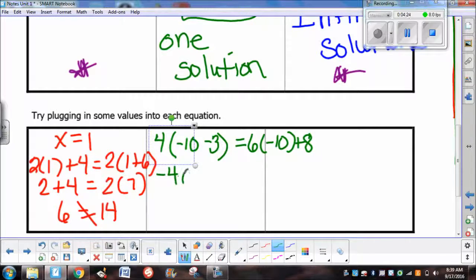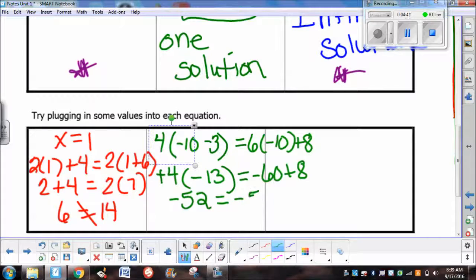Now let's think of order of operations. Whoops, that's a positive there. Equals, and then I might multiply. So what is 4 times negative 13? That's negative 52. And negative 60 plus 8, that's another negative 52. So that's true. That checks.